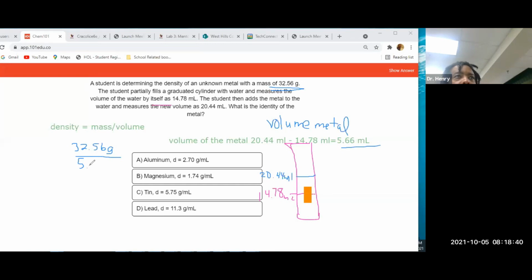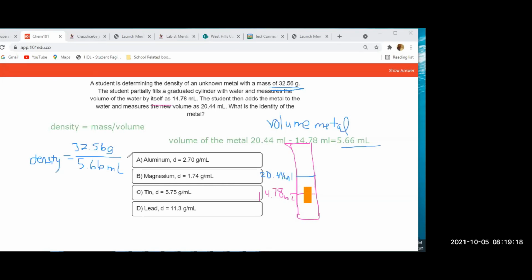How many sig figs should I have? Three sig figs.